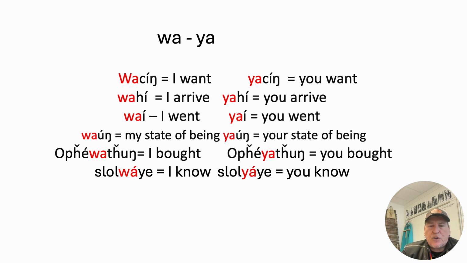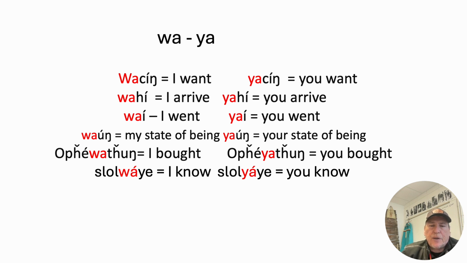And notice that the conjugation always stays in the same place wherever you switch it out. So wa, in this case, is prefixed, so we're keeping that same location and prefixing chi with ya now to make it you want. Wahi, I arrive, switch that out with ya.